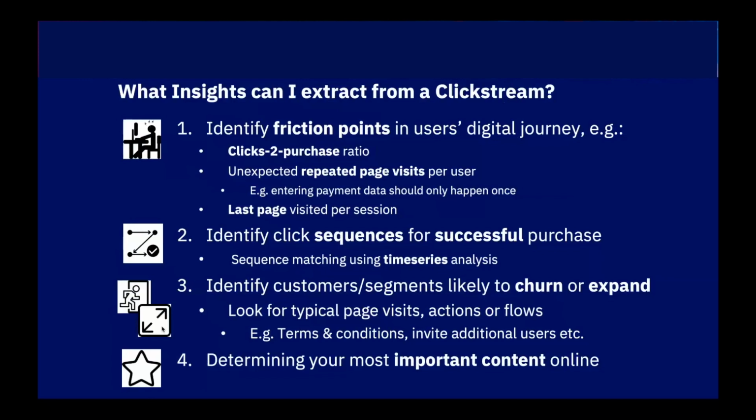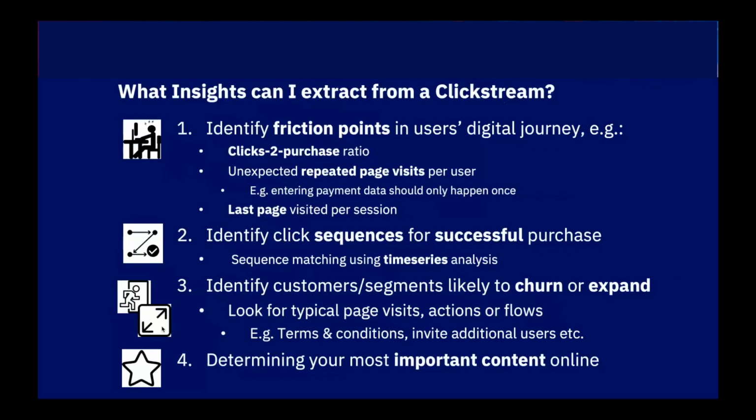For instance, how many clicks does it take for the user to get to a purchase? What pages did he visit many times, even though he is not meant to do that? Like, for instance, entering payment details. If you see that a certain user is going there 3-4 times, and if that's a typical pattern, maybe you have a problem, because that's not what he's supposed to do.